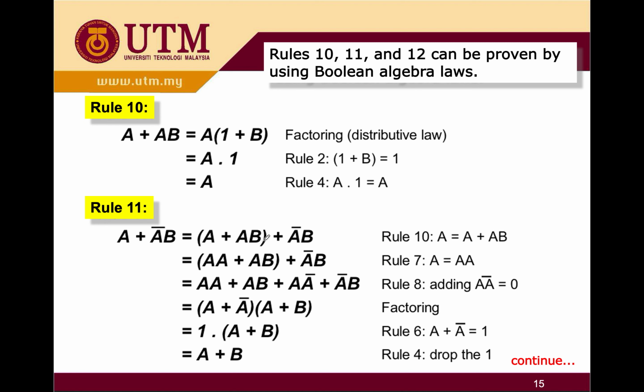A plus AB plus A bar B. If, let's say, you have rule number 10, A equal to A plus AB. So whatever happens, you can see over here, this is A. That's why you use rule number 10, you put A plus AB over here.